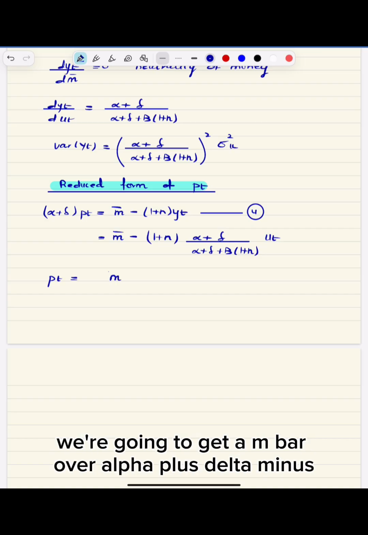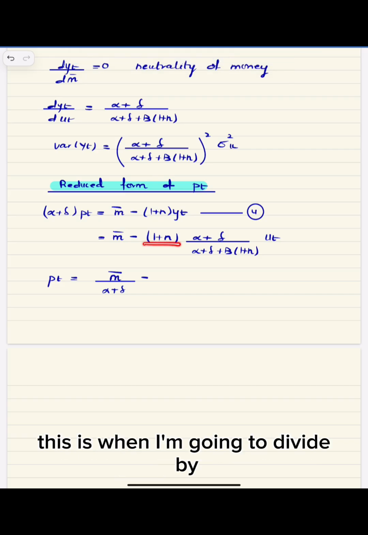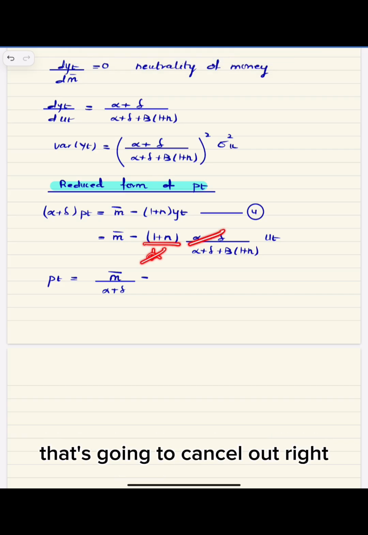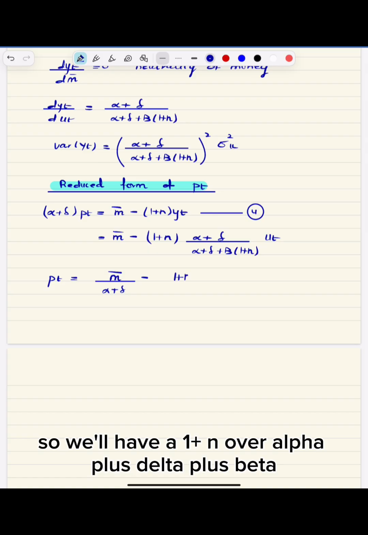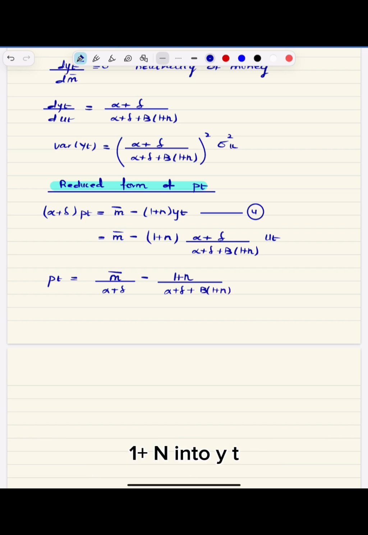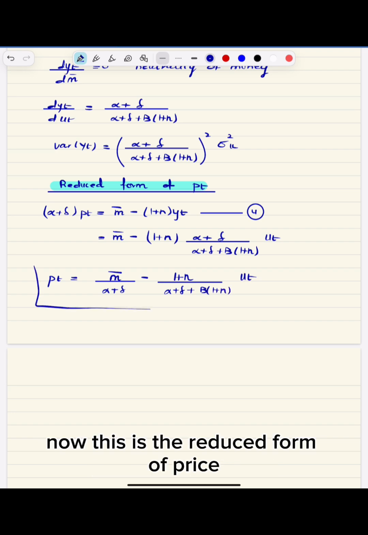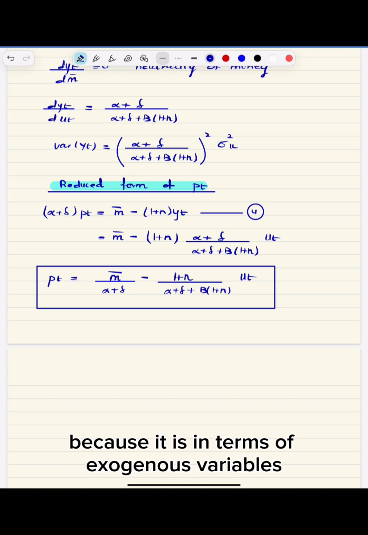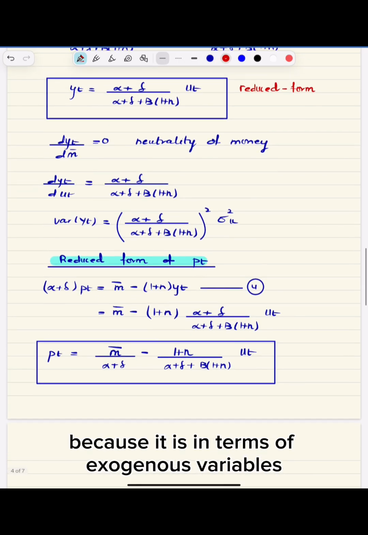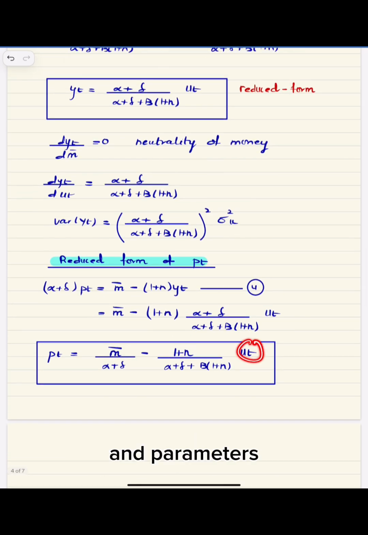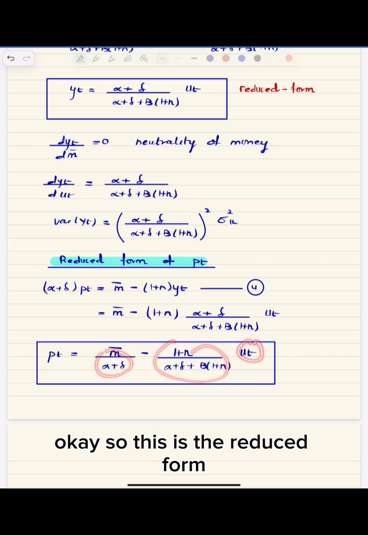We're going to get m bar over (alpha plus delta) minus, over here this is when I'm going to divide by, that's going to cancel out, right? So we'll have (1+n) over (alpha plus delta plus beta(1+n)) into ut. Now this is the reduced form of price because it is in terms of exogenous variables and parameters. Okay, so this is the reduced form.